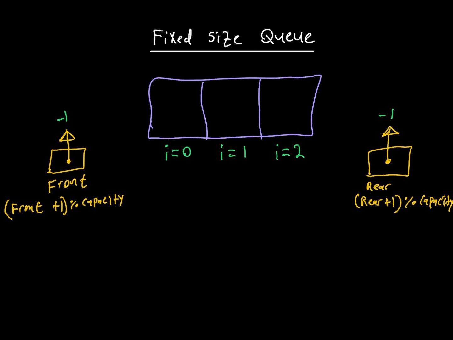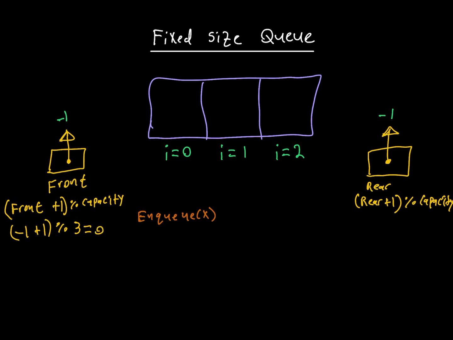Let's say we wanted to enqueue x. What would we do? Well, we would do -1 plus 1 modulo 3, which is going to give us 0.